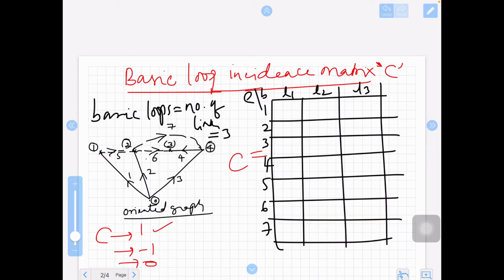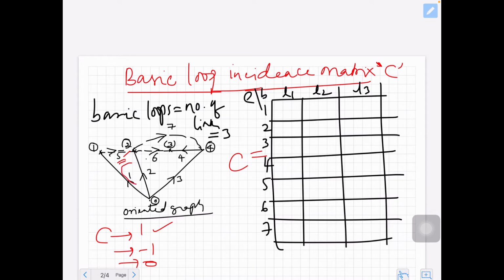See the oriented graph and we will mark the basic loops. Here we have the links 5, 6, 7. I will take a different color. So, this is the fifth element. When I add the links individually to the tree, you will get one basic loop each. Suppose I consider the tree elements as 1, 2, 3, 4 and add the fifth link to the tree, you will get one loop.